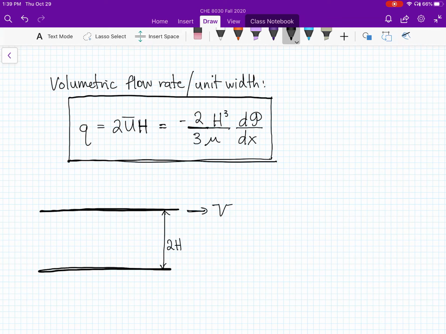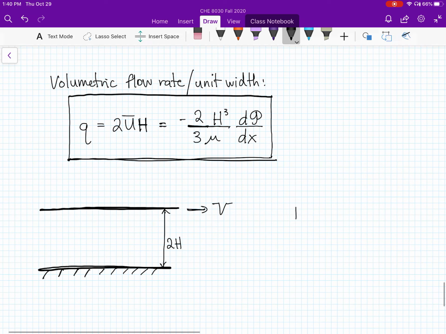Okay, the difference between this problem and the last problem is that we do not have symmetry anymore. We don't have symmetry because one boundary is stationary and the other boundary is moving at some velocity. Therefore, our boundary conditions, we need to write them at both plus h and negative h.